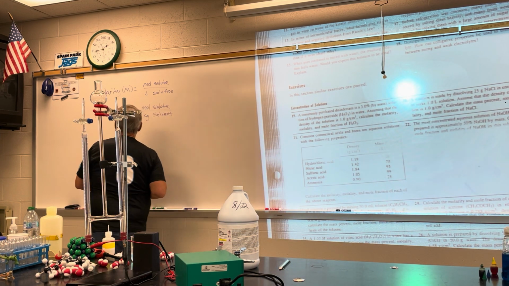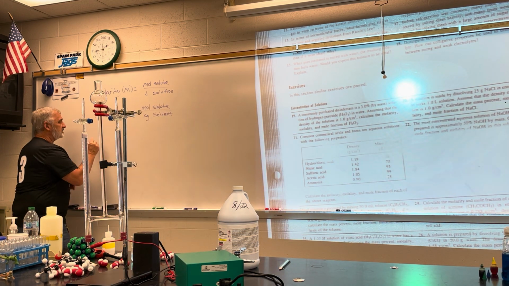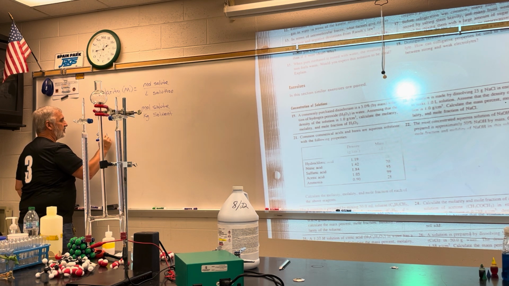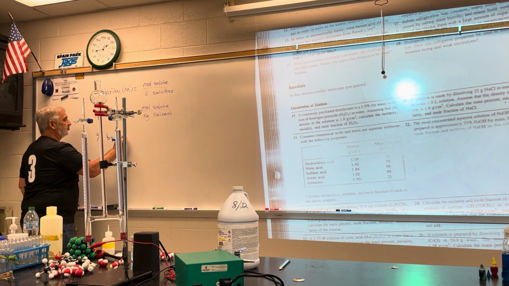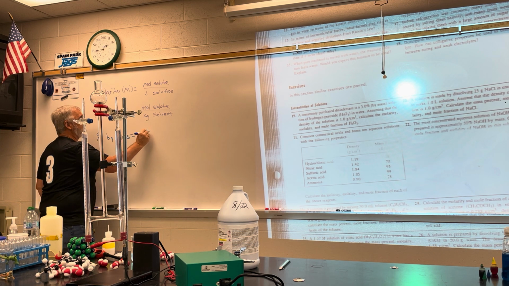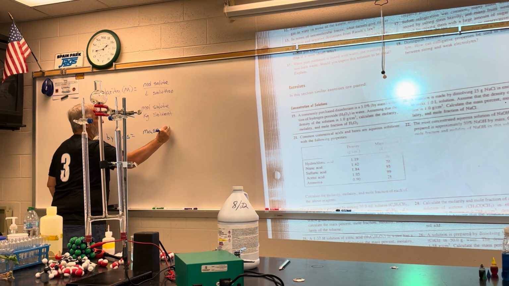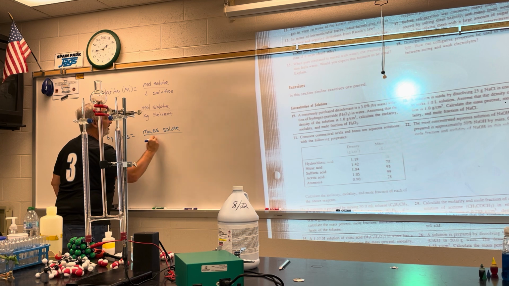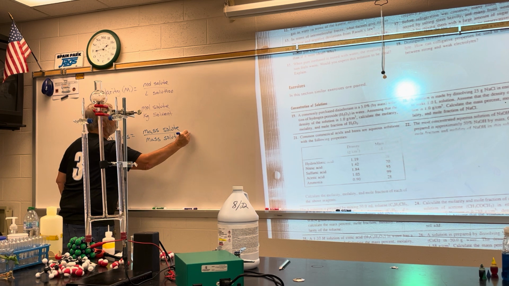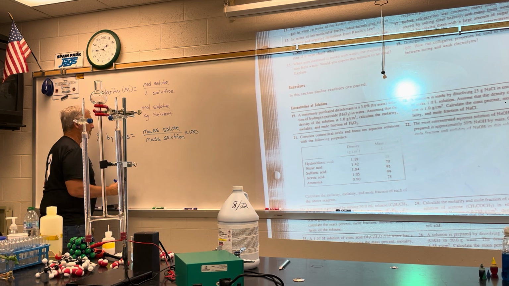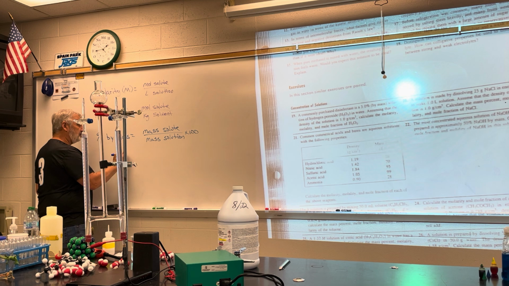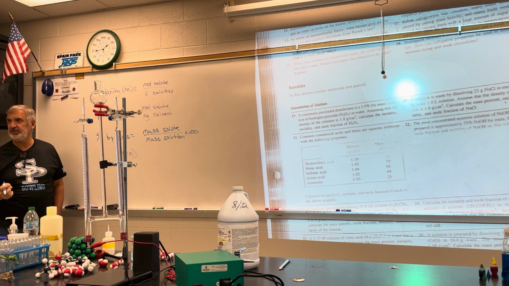We have a third one, where it's percent by mass, which is going to be the mass of the solute over the mass of the solution, and then times 100. And then if you want ppm, I don't know if you've ever heard of a concentration given in parts per million.